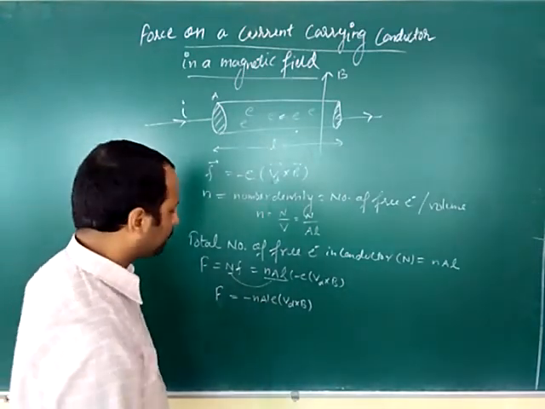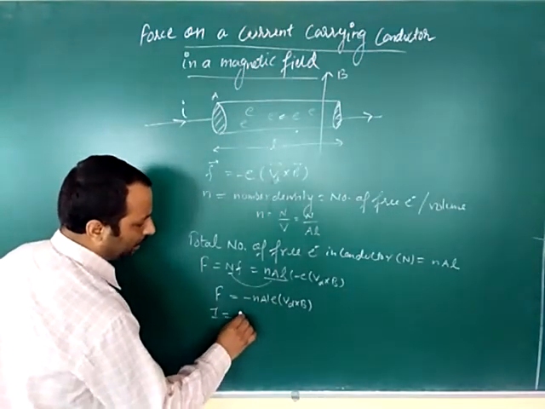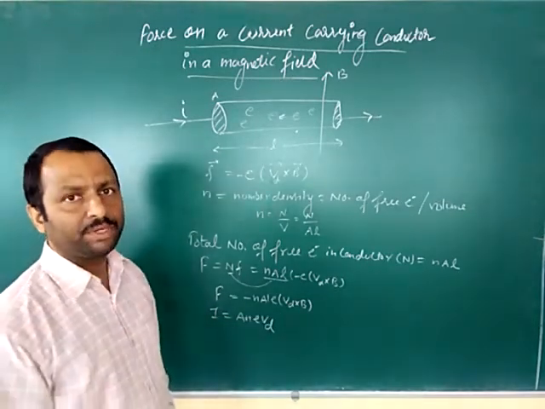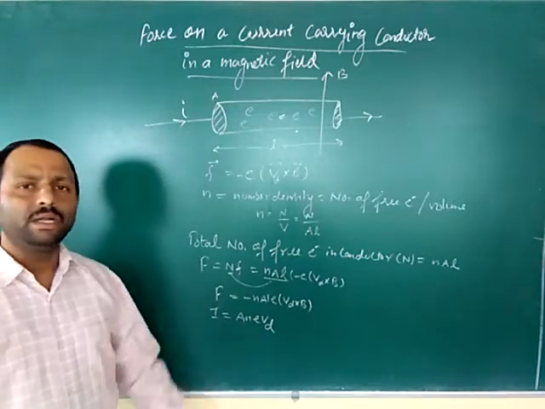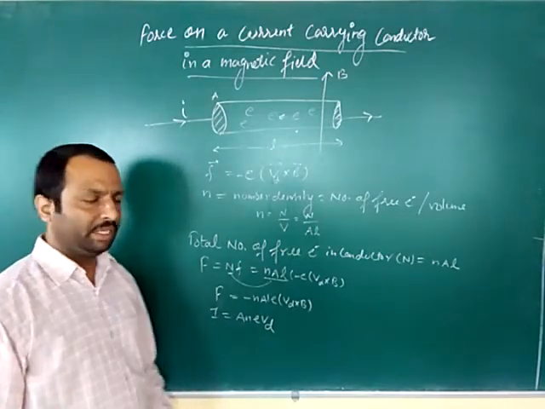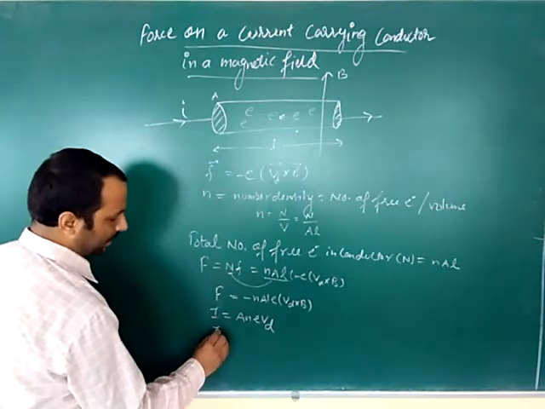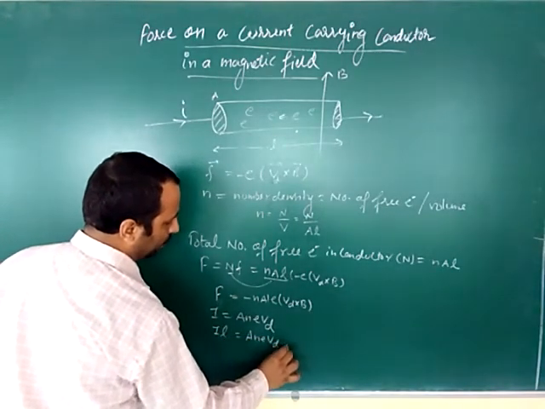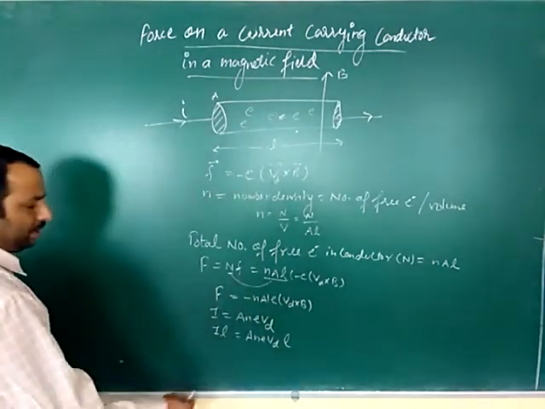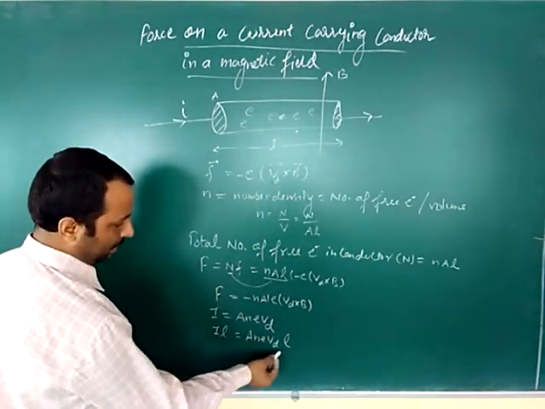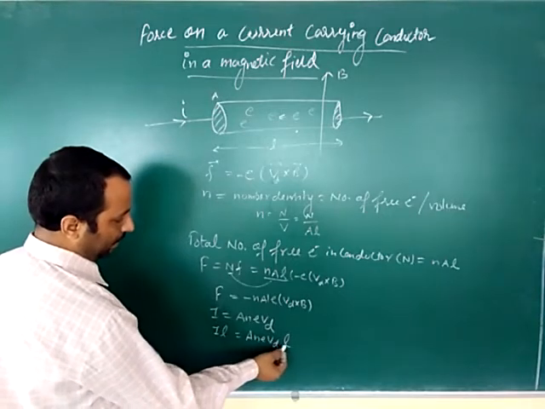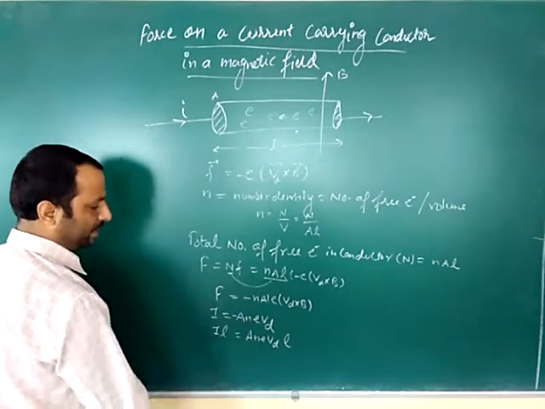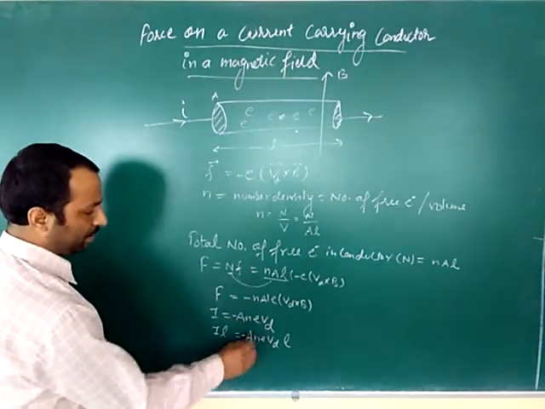Now we know that I is equal to n A e v_d. This thing we know very well. This is the most important relationship between the current and the drift velocity. This we have studied earlier. If we multiply this expression by length, we get n A e v_d into L. If we are talking about the electrons, we write a minus here, and here also it is minus.